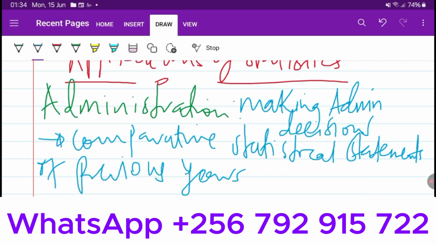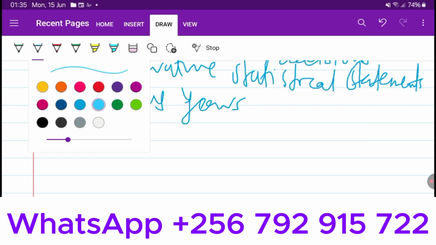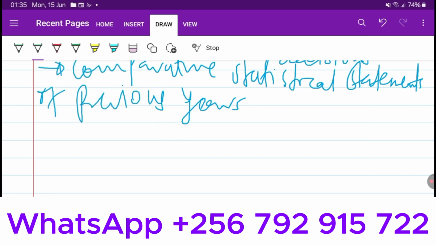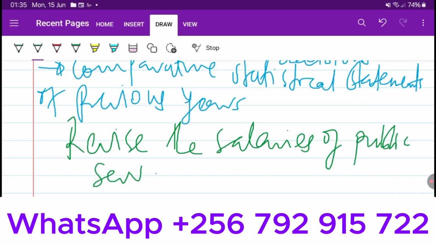years. A good example that we can give is, let's say, if a government wants to revise the salaries of civil servants, or what we call the public servants.